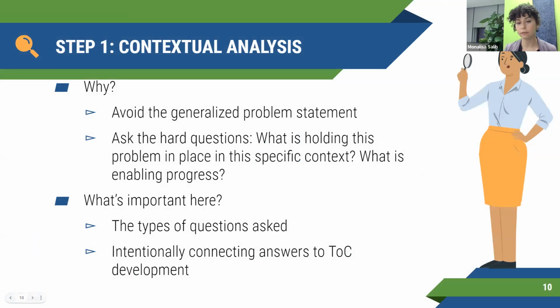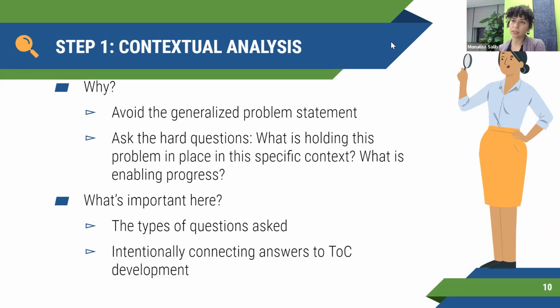Okay, so I'm going to dive in a bit to step 1. Like I mentioned, we'll dive more into steps 1, 2, and 3. With step 1, I just want to emphasize that what we're trying to do is avoid a generalized problem statement.